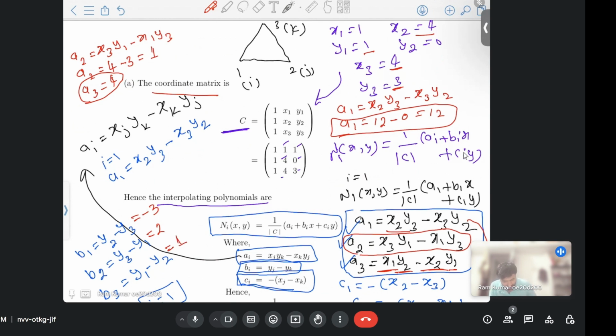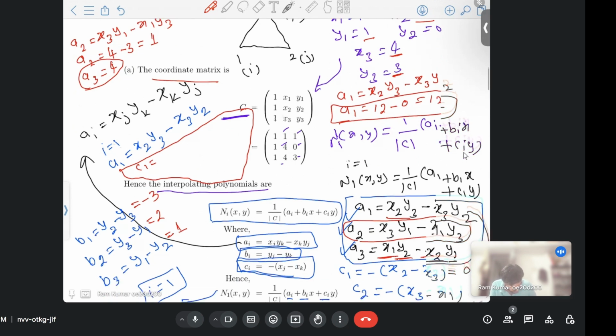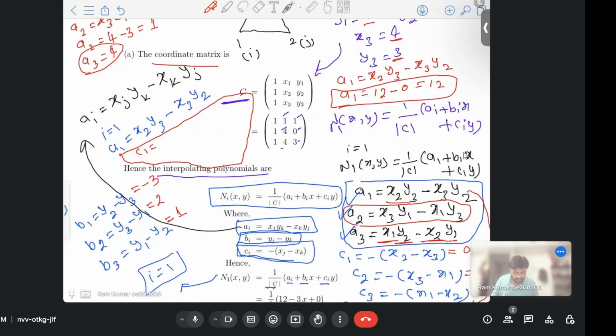And now I want to find c1, c2, c3. So I will take this space here. What is c1? c1 equals x3 minus x2. X2 means 4, x3 is 4, so it will be 0. Then c2 will be x1 minus x3.